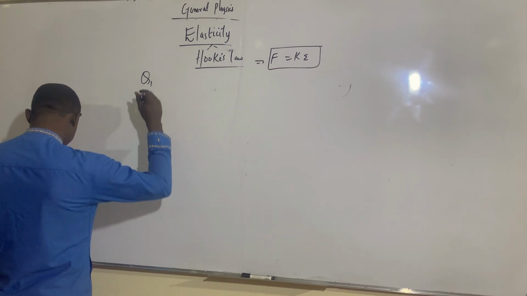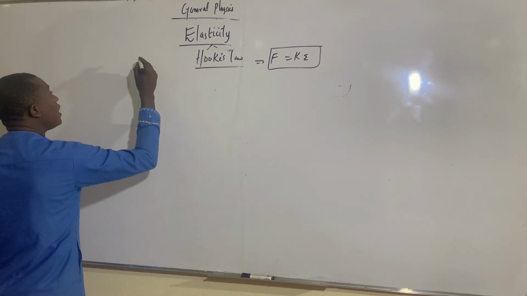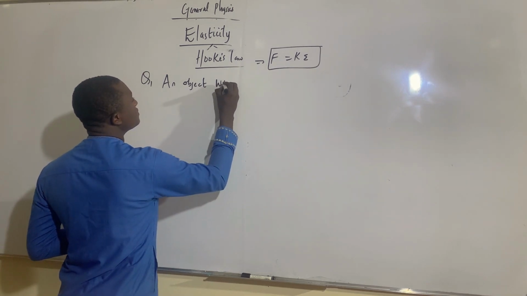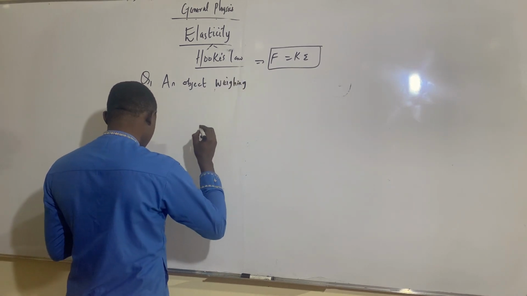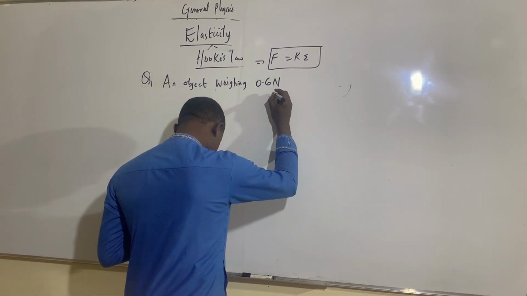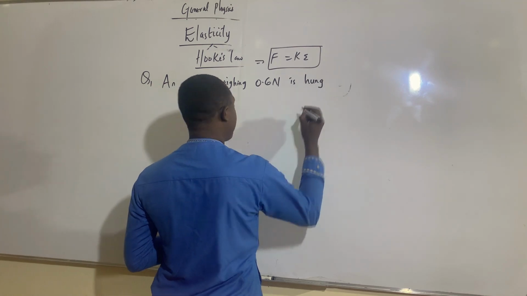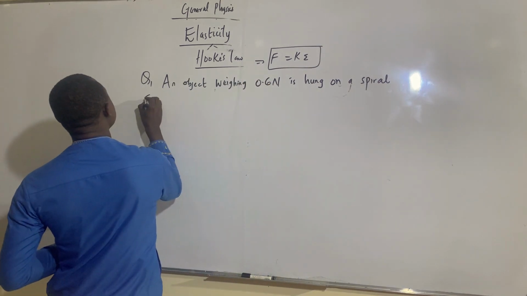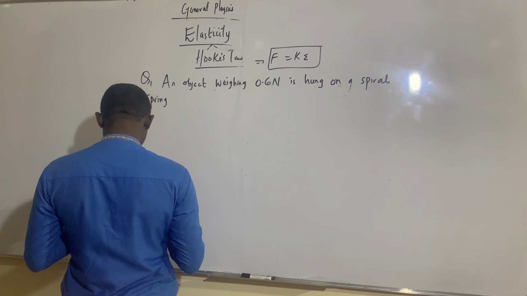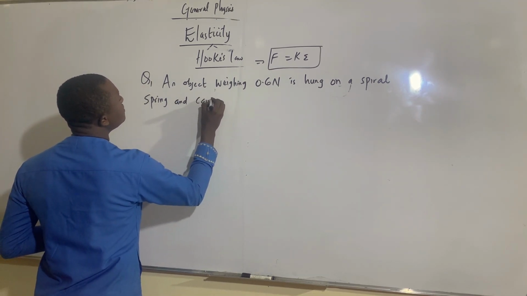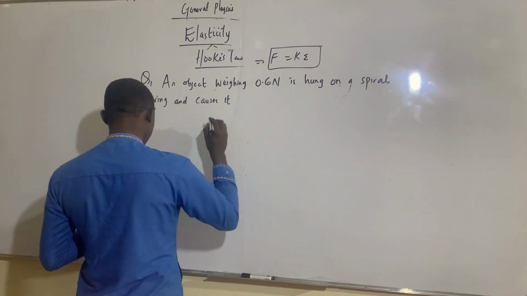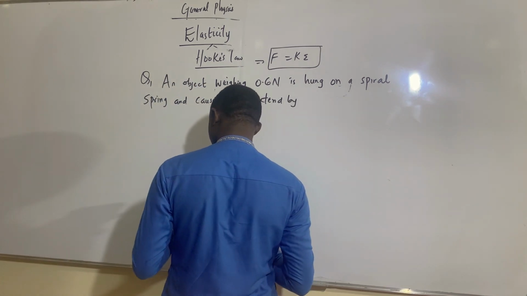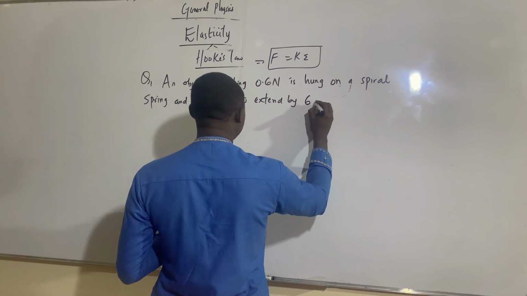Here they said an object weighing 0.6 Newton is hung on a spiral spring and causes it to extend by 6 centimeters.